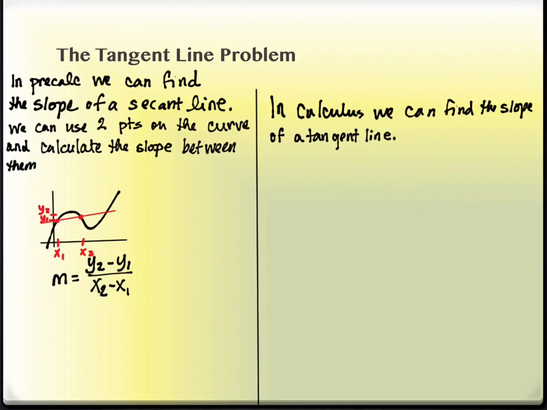The natural problem that comes about as you're thinking about it should be: when I had a secant line, I had 2 points, and I had two x's and two y's. But when you have a tangent line, generally speaking, you only have 1 point. So I can't do a change in y or a change in x because I only have 1 point. That's the problem that comes into play.